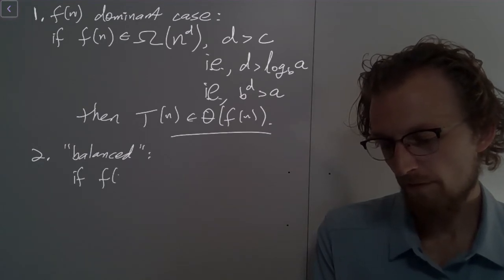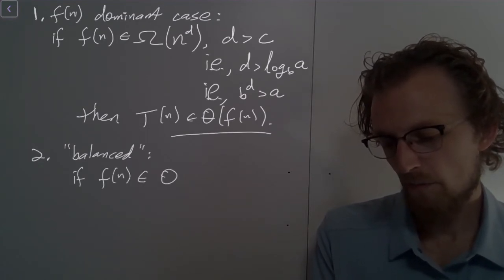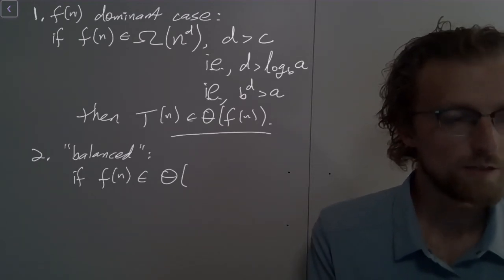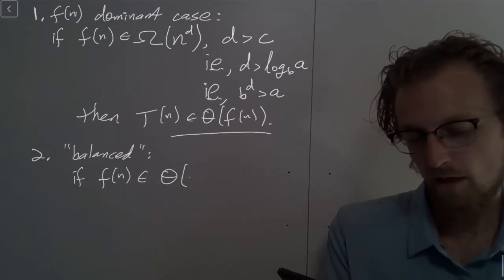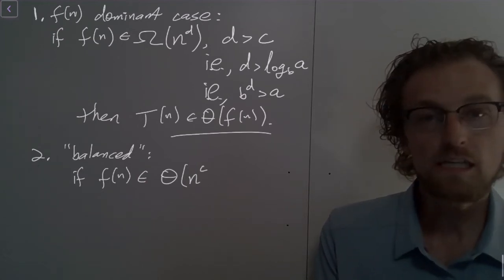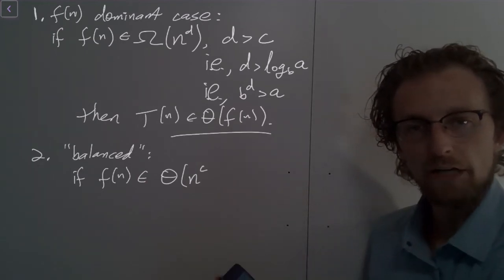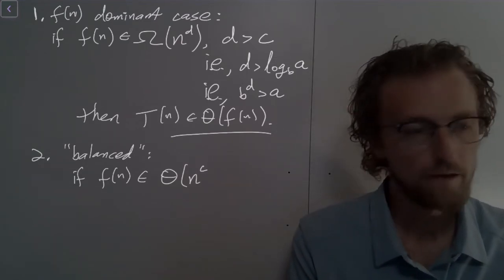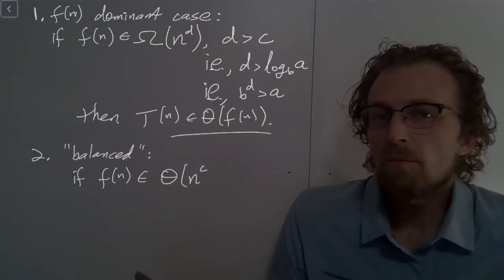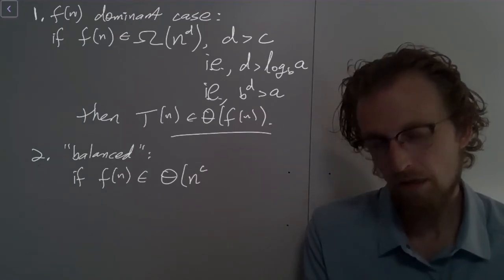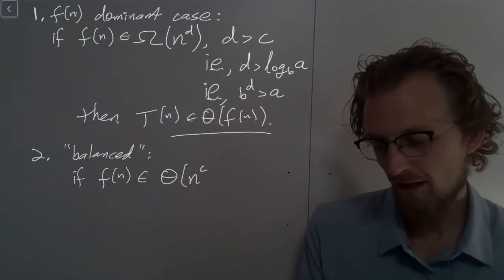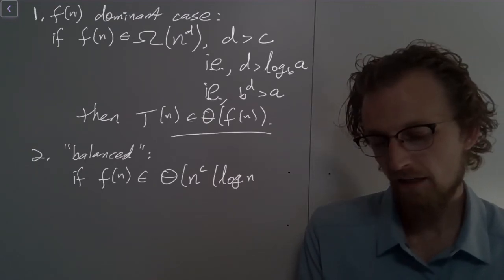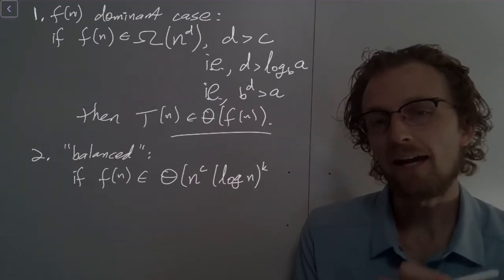So if f of n is big theta of, now here's something a little bit strange, but we'll go with it, big theta of n to the c, so a polynomial of degree the critical exponent, log base b of a, times some number of logs. Okay, so here's an odd thing I'll add in, times log n to the power of k.